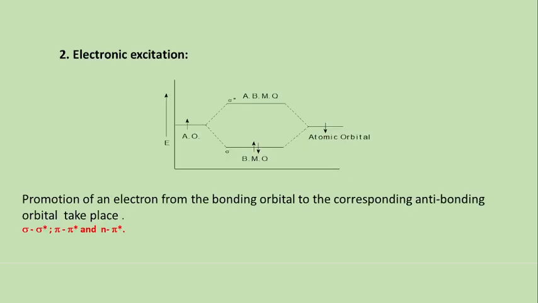Now we have to see the electronic excitation. We know the promotion of an electron from the bonding orbital to the corresponding antibonding orbital takes place. For that, sigma to sigma star, pi to pi star, and n to pi star are the electronic transitions.